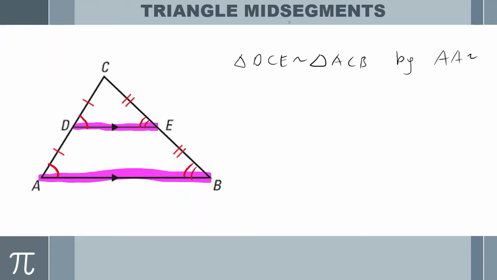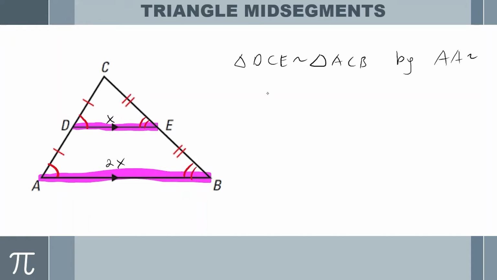Now, when we were exploring midsegments before, the main idea was on the relationship between the length of the midsegment and the length of the third side. And that relationship is 1 to 2, or x to 2x. But in this unit, we're really focusing on the ratios of sides, given that two triangles are similar. So in this case, we can say that the ratios of corresponding sides are equal. So we've got the small triangle and the large triangle.